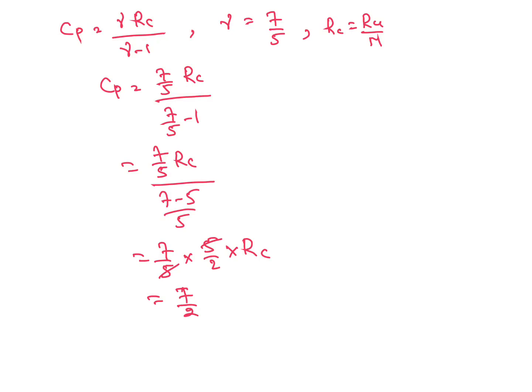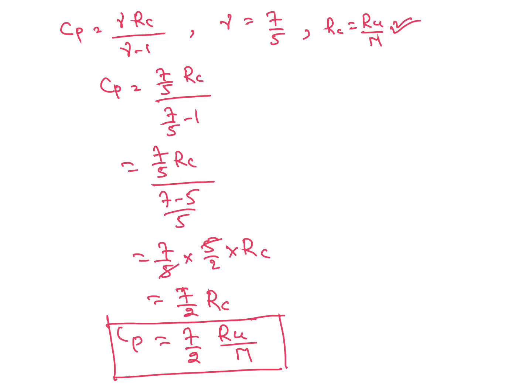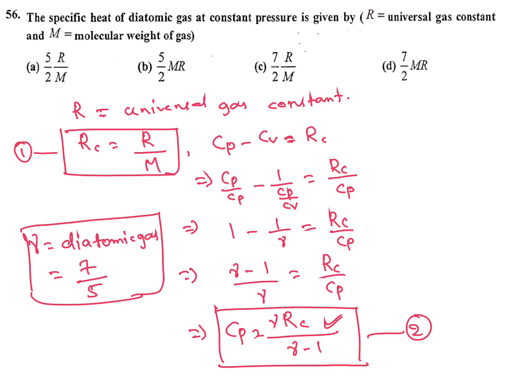It's 7 by 2 characteristic gas constant. Then put this one: in place of Rc, 7 by 2 universal gas constant by molecular weight, Cp equal to this one. This is what they asked in this question. So from the options, Cp equal to 7 by 2 universal gas constant by molecular weight.